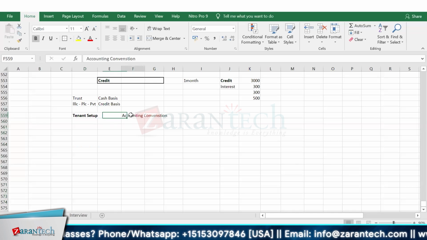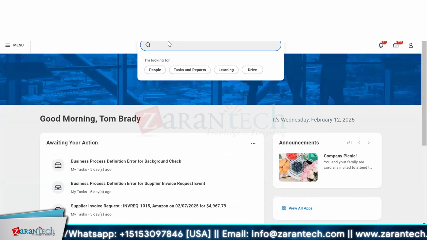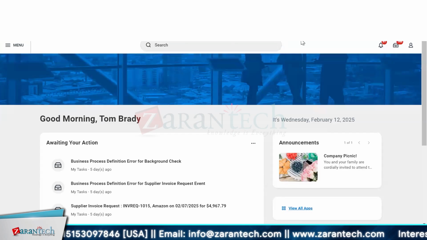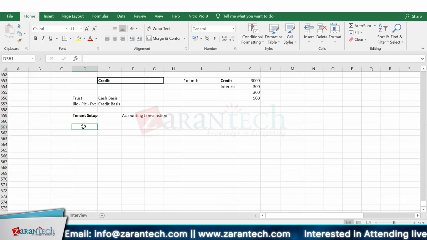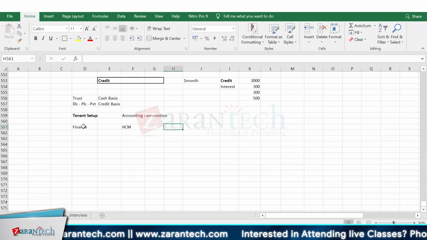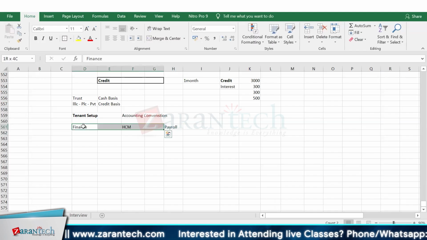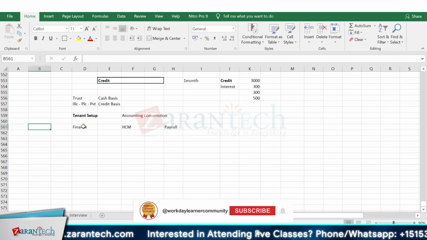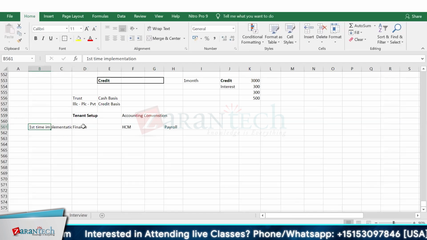Okay, I am going to explain tenant setup. Basically, whenever a system is given to you as an implementer, you have to make the tenant setup as well, not only for convention but for other areas too. Tenant setup is made on the finance basis, HCM basis, payroll, and others, whatever license you have, and it is your first-time implementation, or if there is any change.